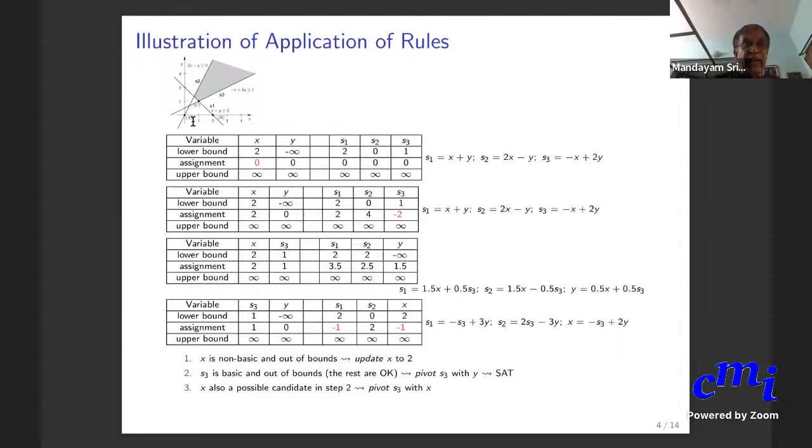That will actually end up moving from A. So in the first case, when you pivot Y, you will move from A to B, and then you'll be moving to the intersection of the X equals 2 line with S3.